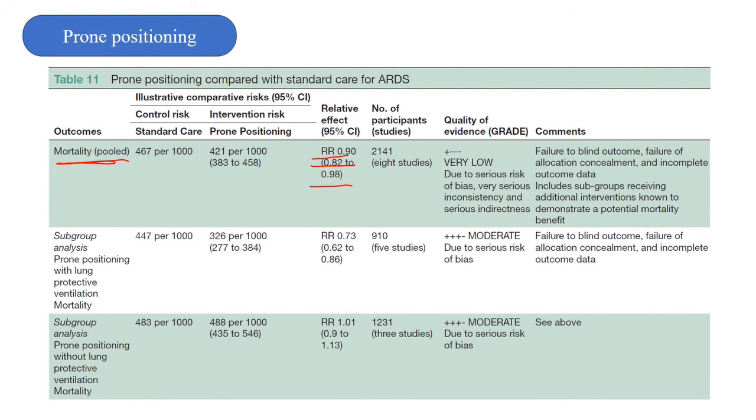Number one, in patients with prone positioning in addition to lung protective ventilation, there was still a significant improvement in survival. However, if prone positioning was used without lung protective ventilation, there was no difference in the outcome in those patients, which is very important.